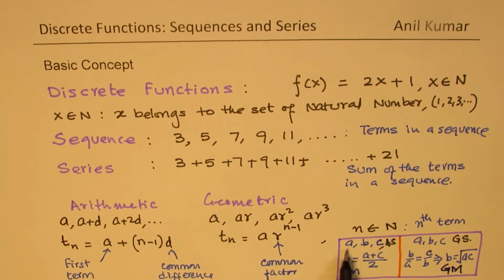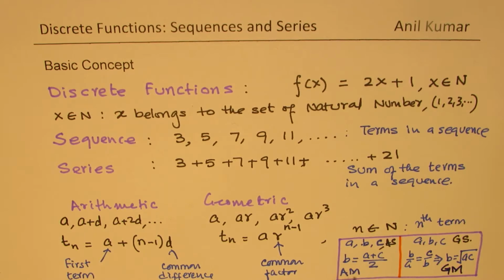So if we have 3 numbers in arithmetic sequence, in that case B, the center number, is the average of the side numbers, and it is called arithmetic mean. But if we have 3 numbers following geometric sequence, in that case the center number is equal to square root of AC, that's side numbers, and it's called geometric mean.